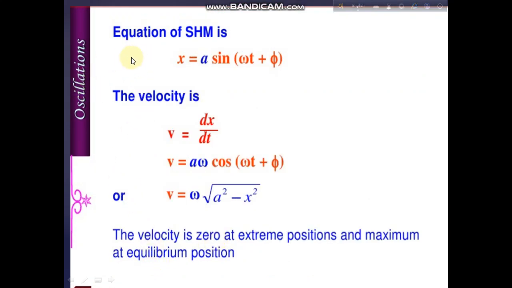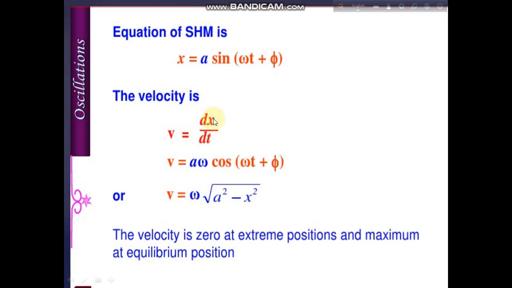So the equation of simple harmonic motion is x equals a sine omega t plus phi, and this is the expression for displacement. Now the expression for the velocity. We know that velocity v equals the rate of change of displacement, that is dx by dt.